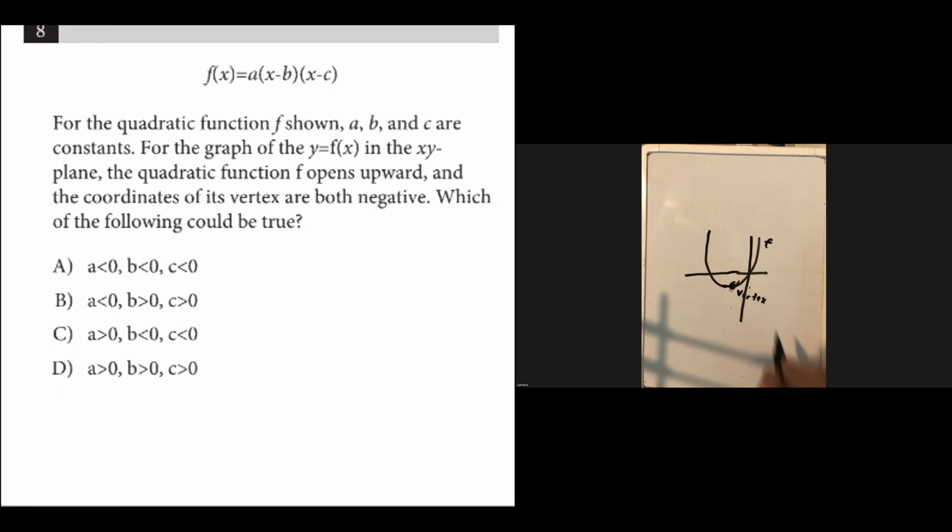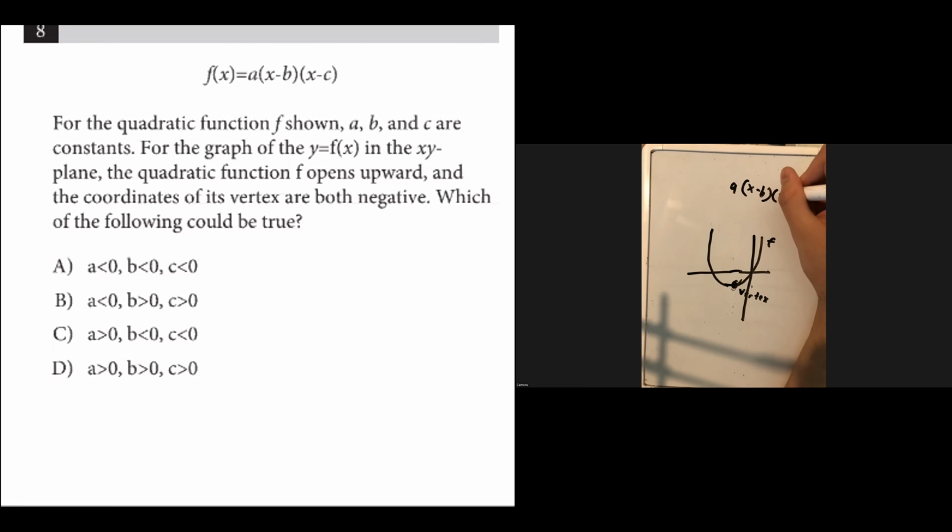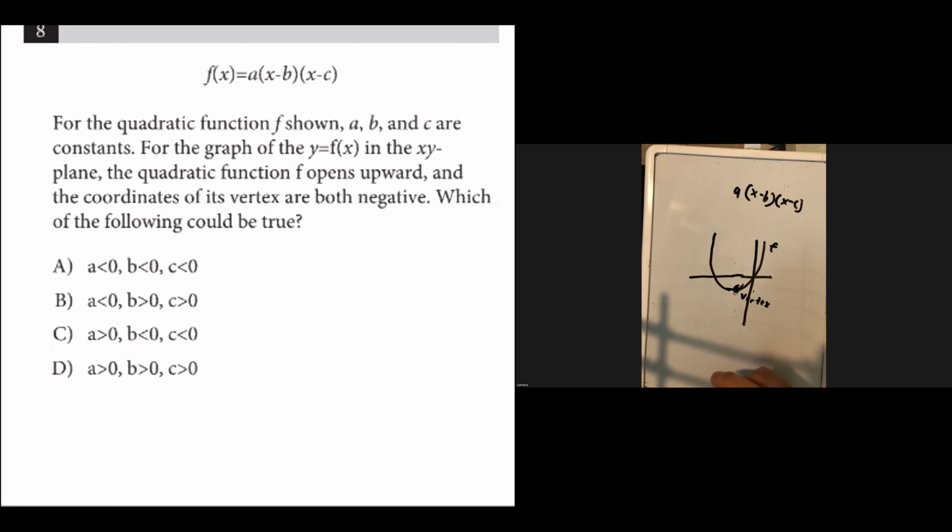It asks which of the following could be true, and this equation, a times x minus b, x minus c, is just a slightly varied version of the vertex form.